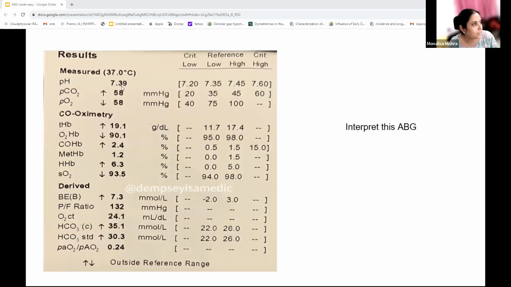You just have to write your answer. What is the primary dominant disorder here and what is the compensation here? We don't have to know the adequacy of the compensation because I'm not telling you the formula here. Just tell what is the disorder and what will be the compensation.